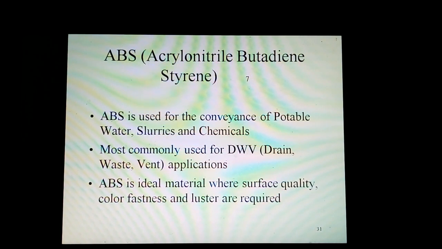ABS, or acrylonitrile butadiene styrene, is used for the conveyance of potable water, slurries, and chemicals. Most commonly used for DWV or drain waste vent applications. ABS is an ideal material wherever superlative surface quality, color fastness, and luster are required.